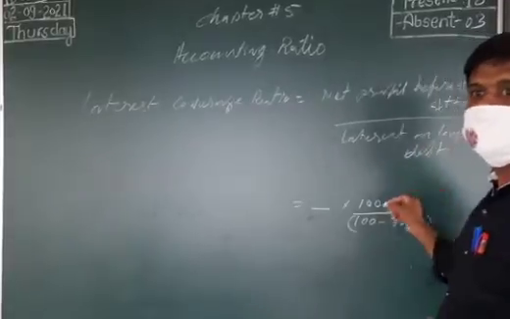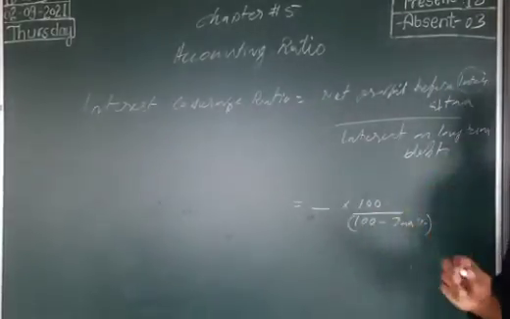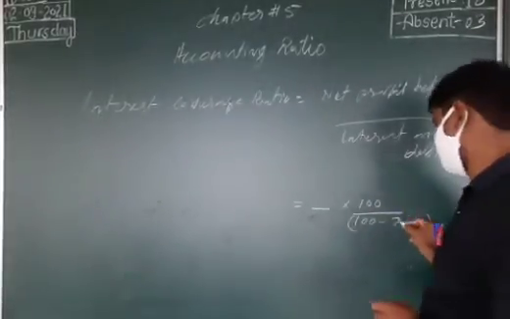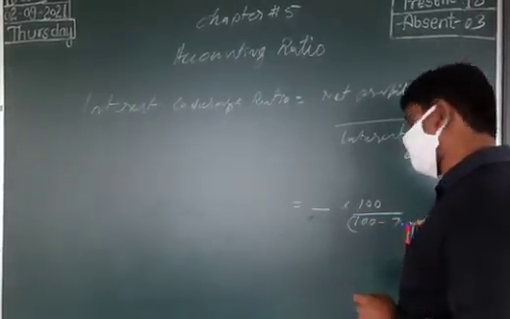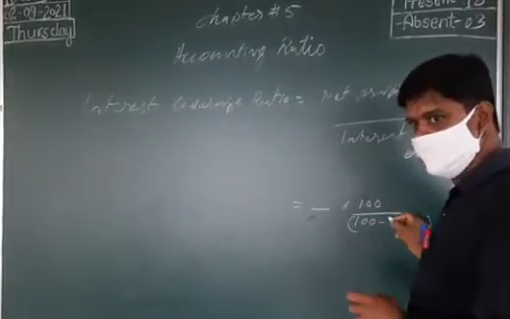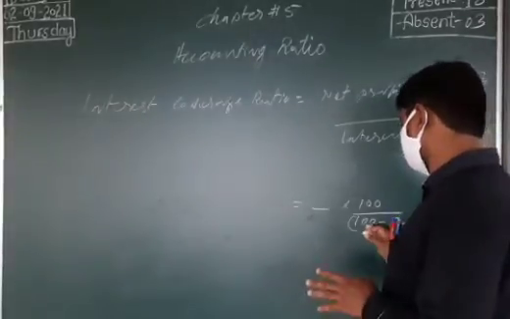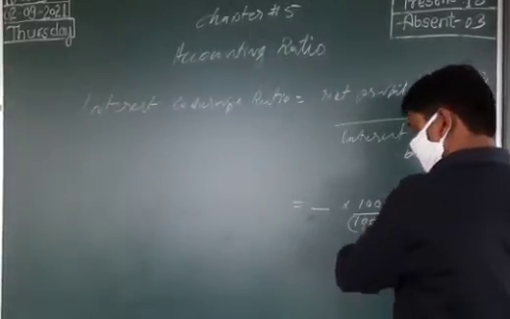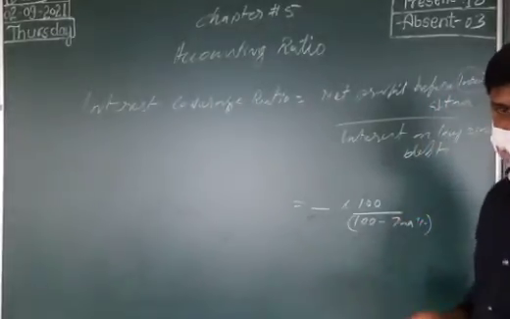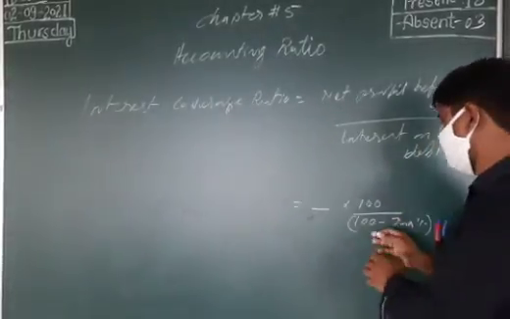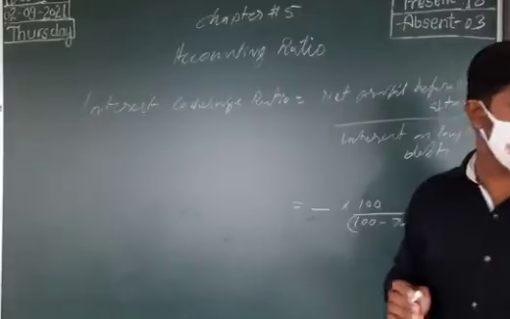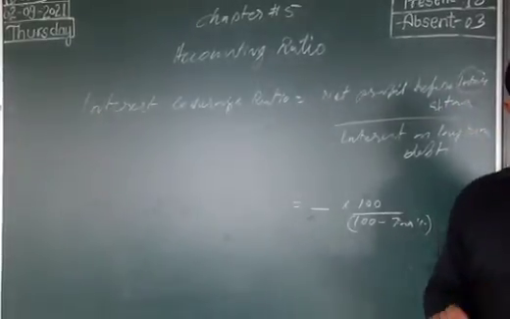How much tax was paid, its percentage will be given. Then 100 minus that percentage. If it is 10%, we subtract from 100 and get 90. If it is 20%, we get 80. Like this. Clear now?